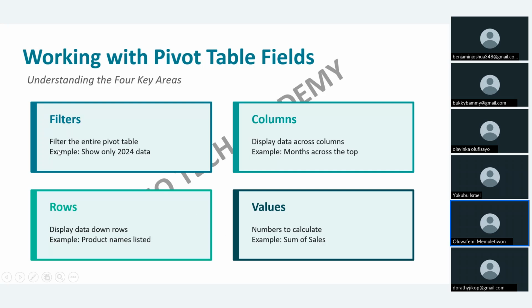For the filter, an example is show only 2024. For the columns and rows, what do you want on the column part and what on the row part? Then the values: what are we calculating? Is it the sum, the average, the median? Are we counting? That's what values is.